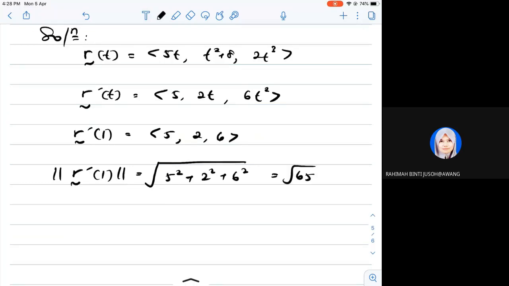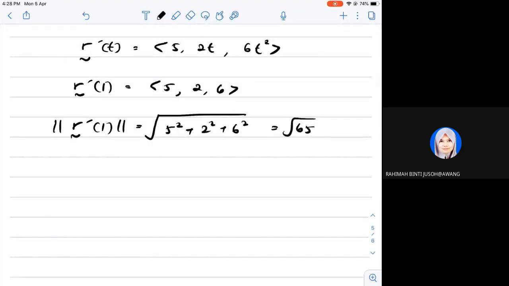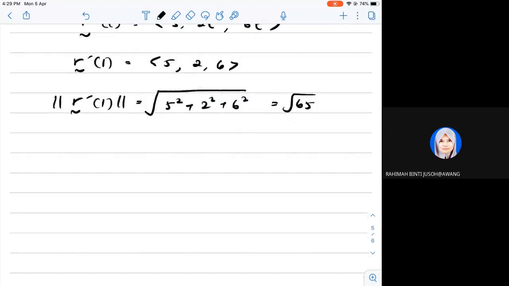Kalau saya salah beritahu. Betul tak? 65 okay. So now therefore, thank you so much. So therefore unit tangent vector, okay.